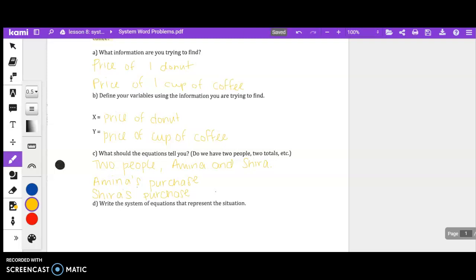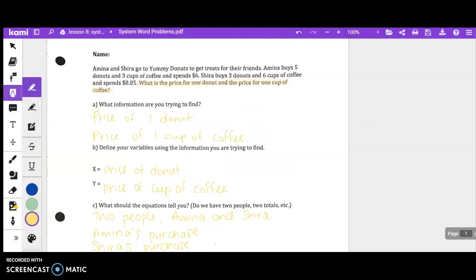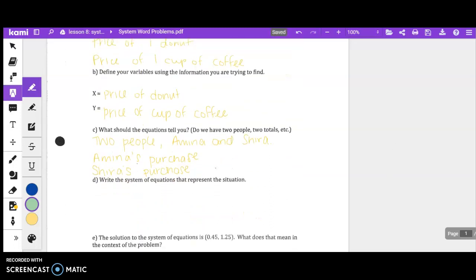So what you want to do is break it down into each situation, or again, in this case, each person, and think about how we can make an equation to represent each of them. So going back, it told us that Amina buys 5 donuts and 3 cups of coffee for $6. So using that information, let's think about what her equation would look like.